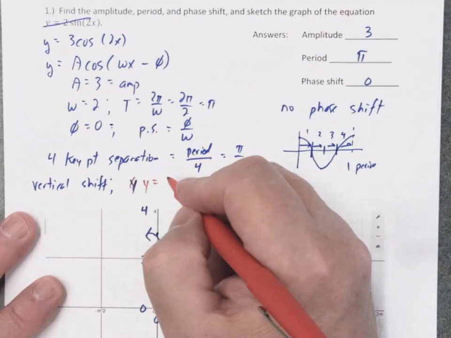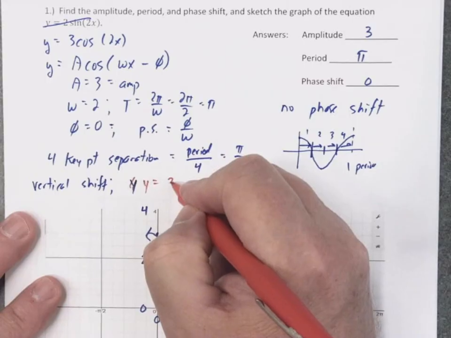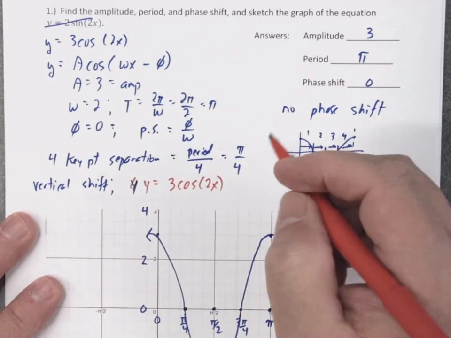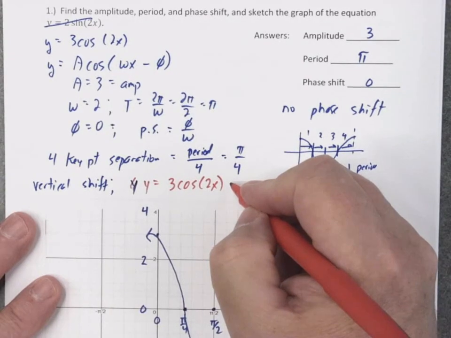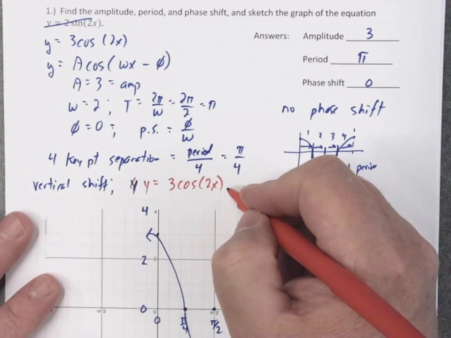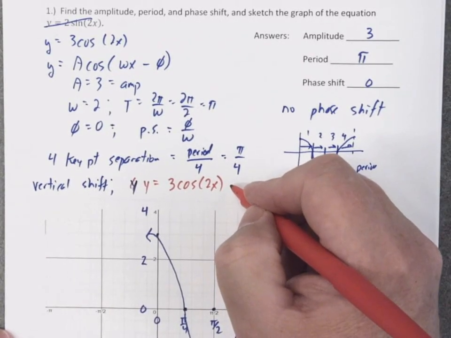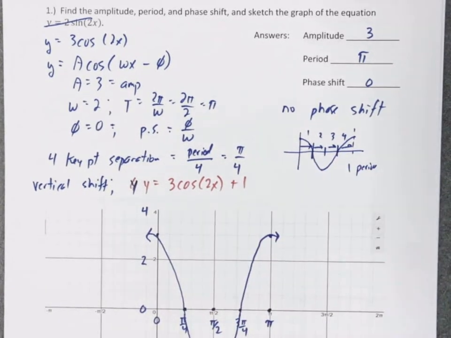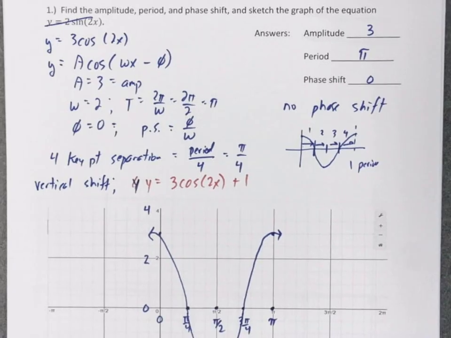So the first part's the same. A vertical shift is just when at the end you add or subtract a number at the end.